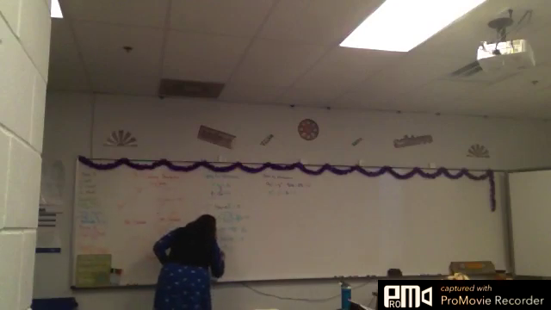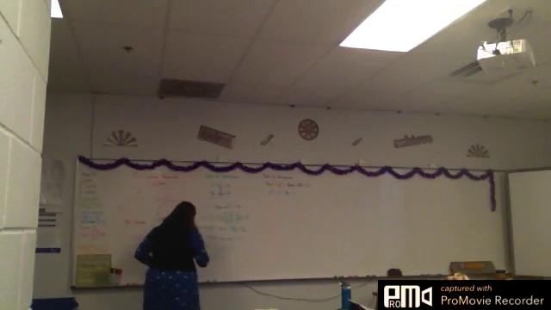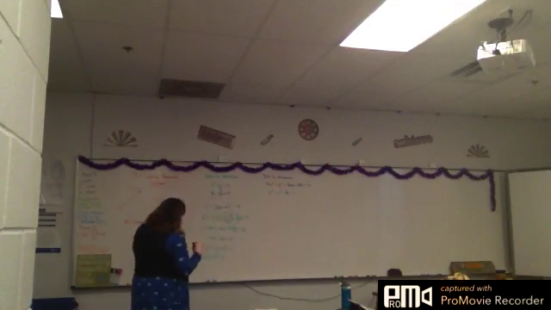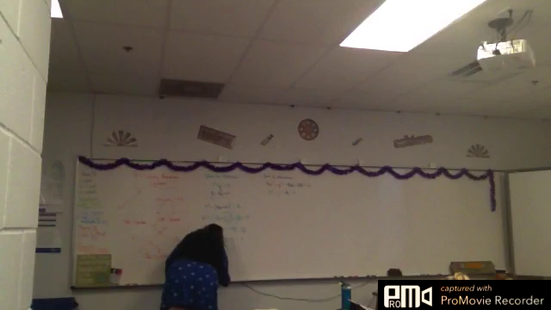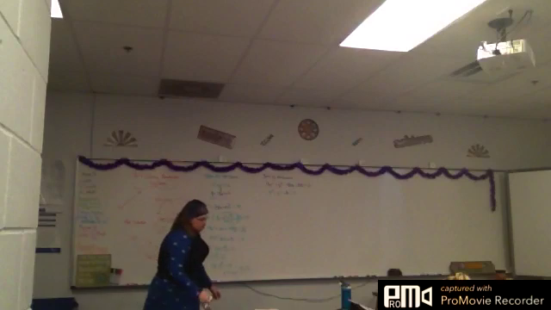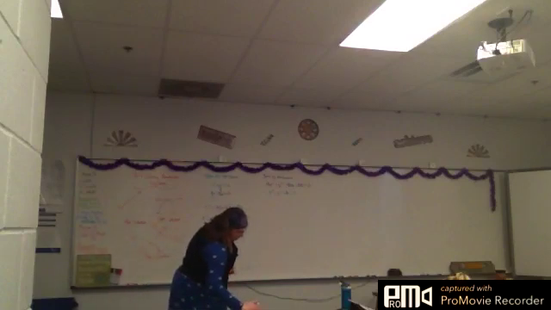Can this be squared? Yep. Okay, x minus 3 squared. Now, that means I need to take this, x minus 3, squared, and set it equal to 0. So then x minus 3 equals 0, right? And x equals 3.